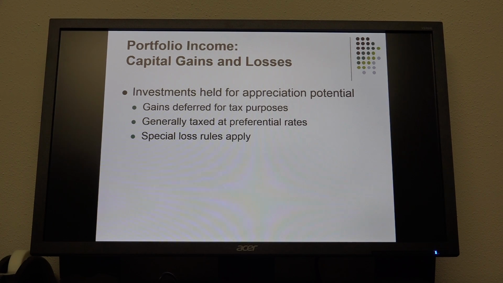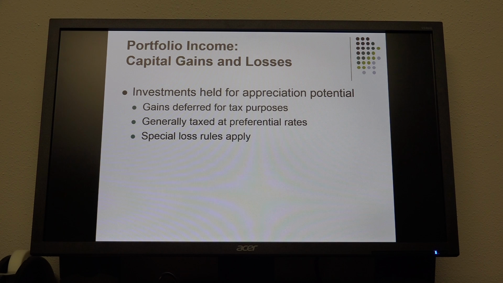And so whatever type of capital asset it is, it may appreciate in value over time, but whatever appreciation occurs is not realized or recognized until some sort of transaction occurs, the sale of the capital asset.